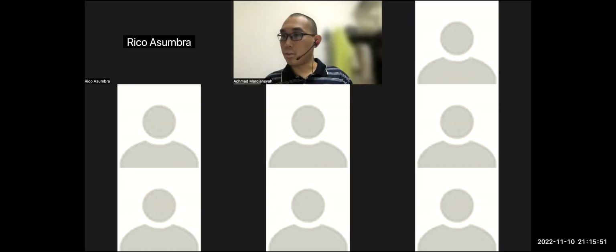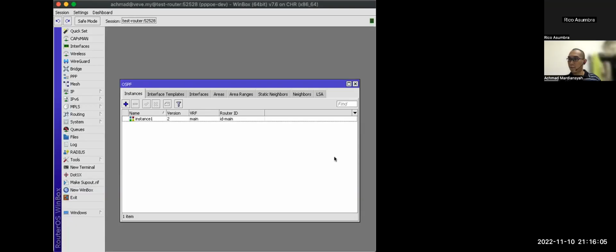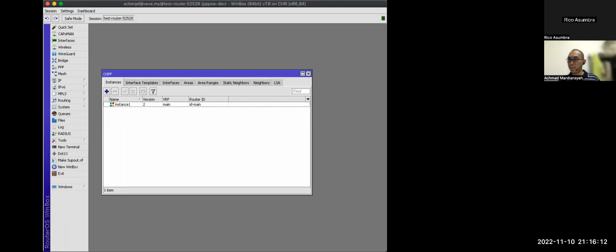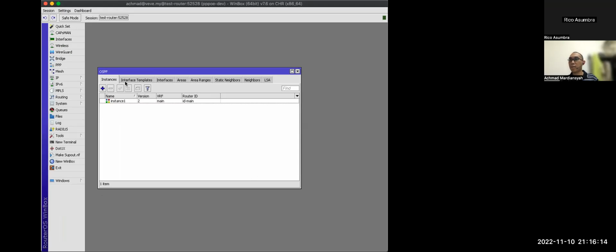So I need to change the screen share. Okay, you should be able to see it by now. Okay, right. So this is OSPF.